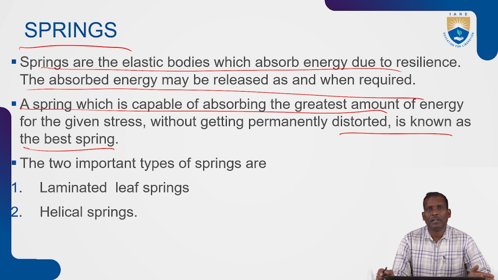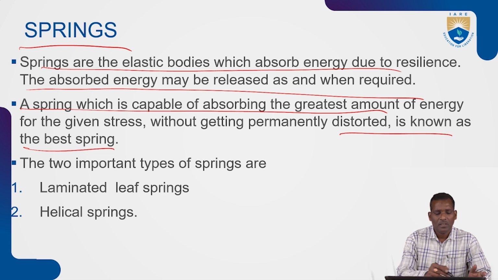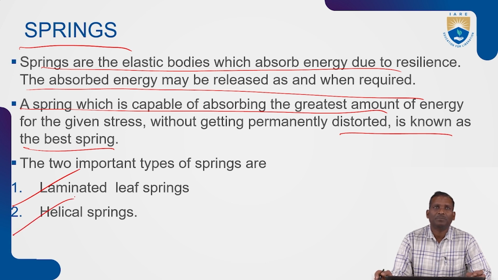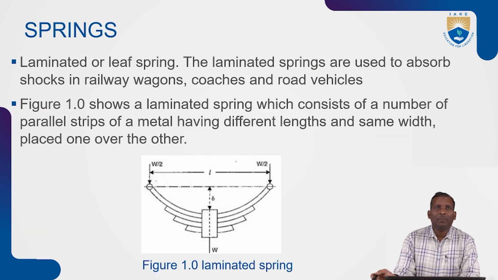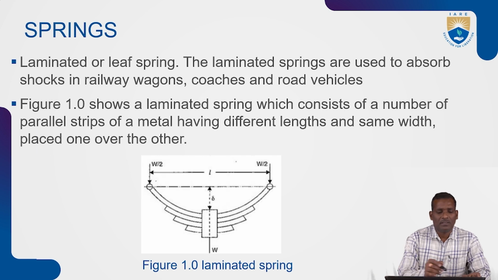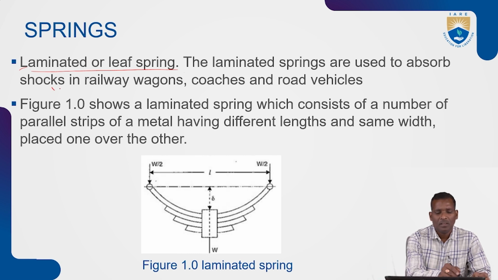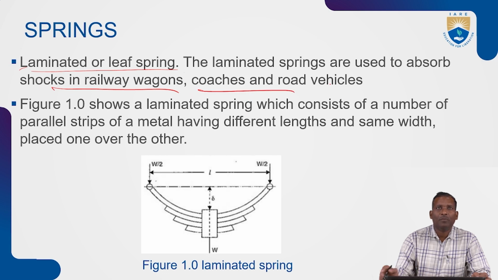Two important types of springs are there: one is the laminated leaf spring, another one is the helical spring. The laminated spring, also called the leaf spring, is used to absorb shocks in railway wagons, coaches, and road vehicles.